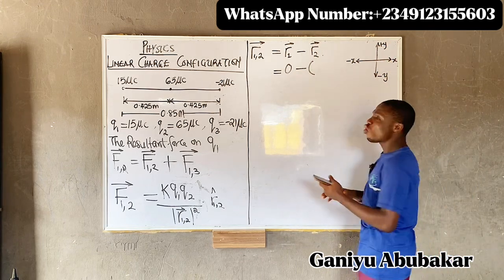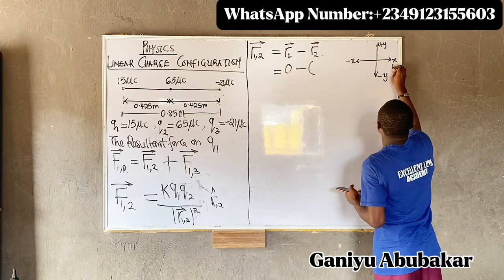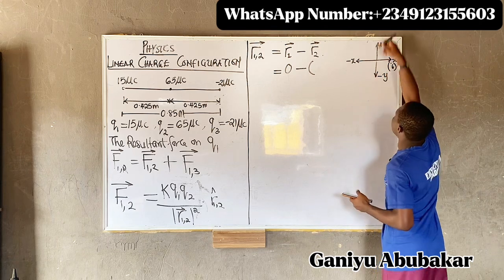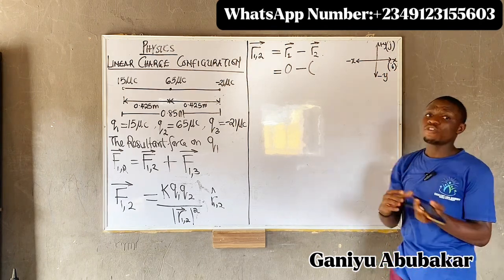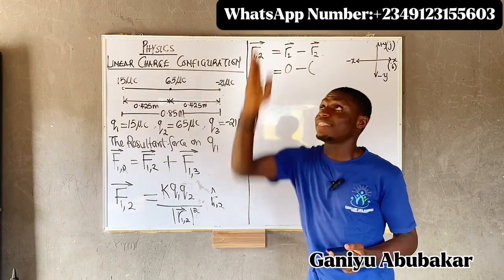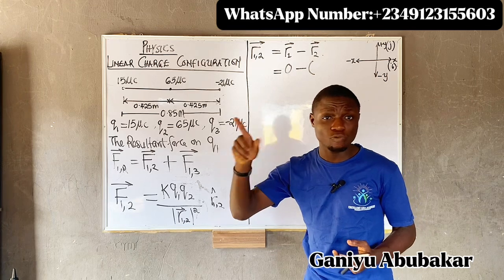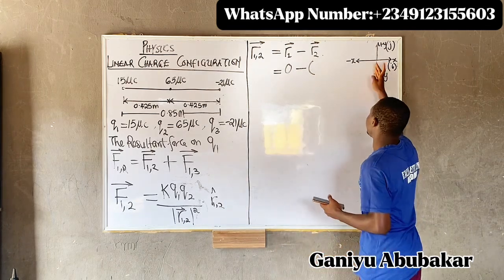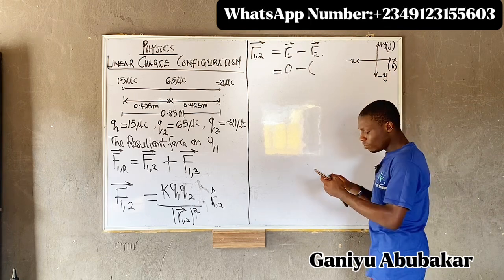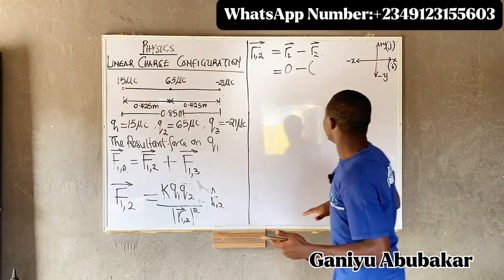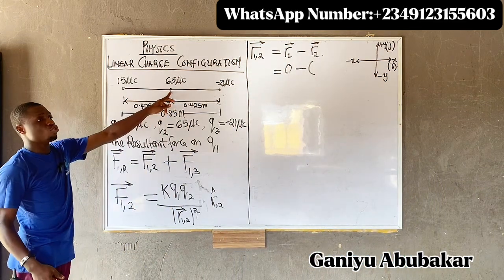In vector form, if I'm moving horizontally, I'll use I; if I'm moving vertically, I'll use J. Please bear this in mind: vertically goes with J, horizontally goes with I. Now let's get R2. For R2, this is my position 2.